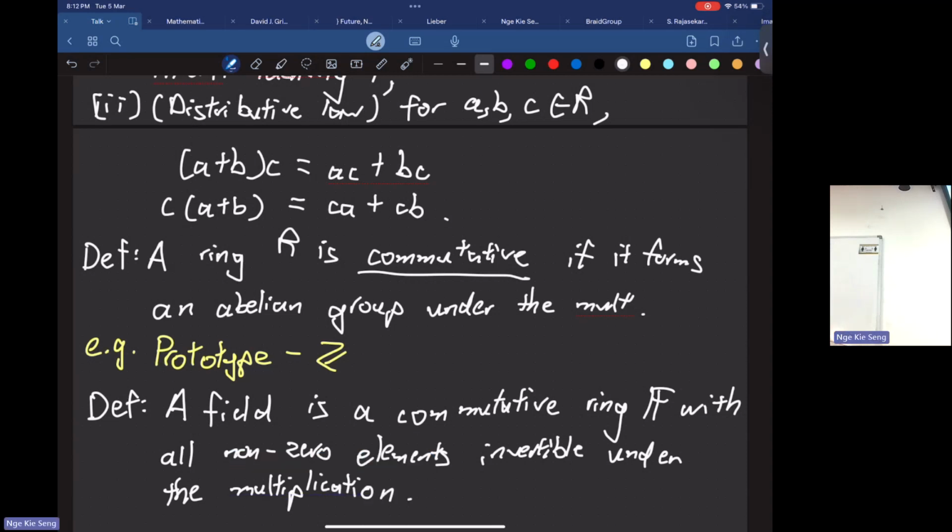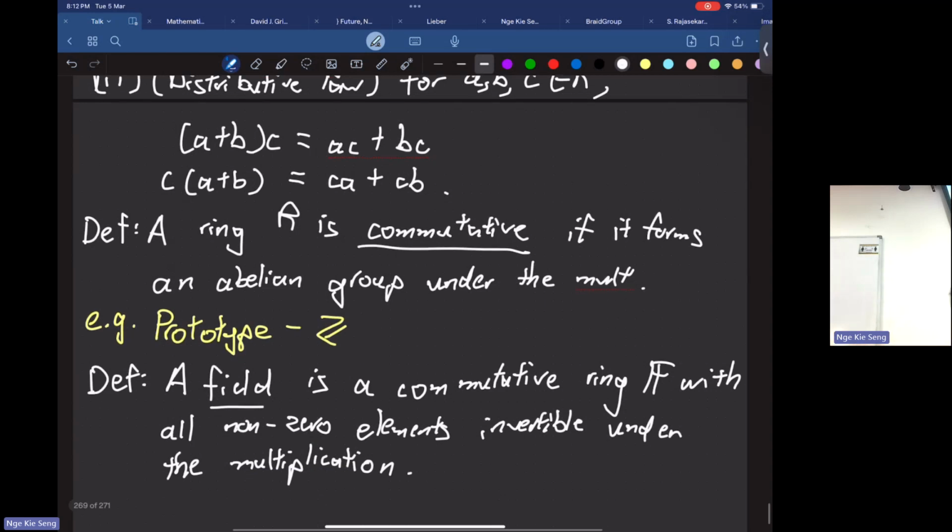Note that we stress all non-zero elements because zero exists in a ring as an additive identity. Just now we already discussed what 1/0 is. It's undefined. So we only demand that all the non-zero elements are invertible under multiplication.